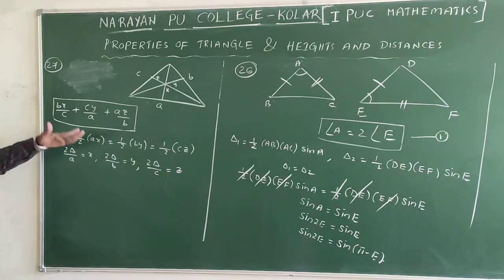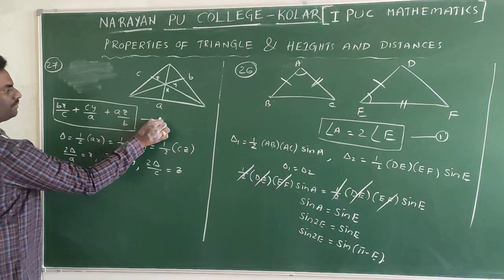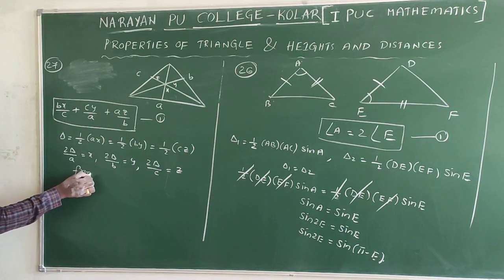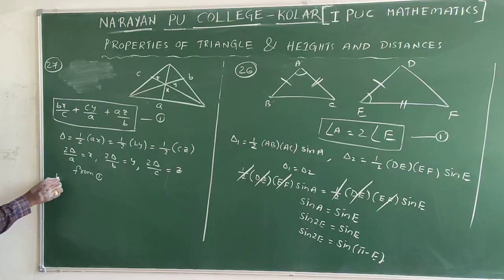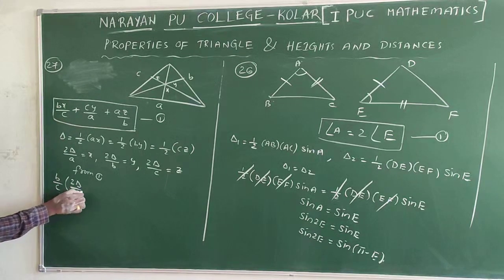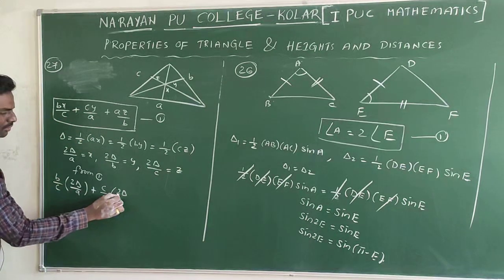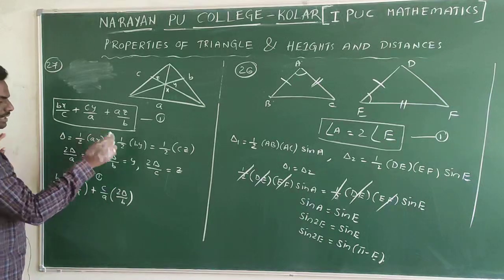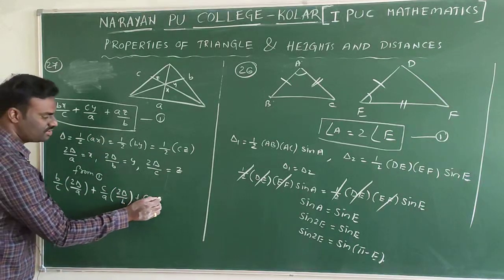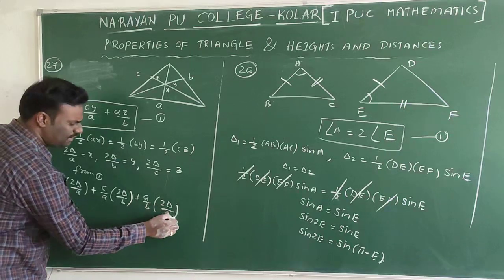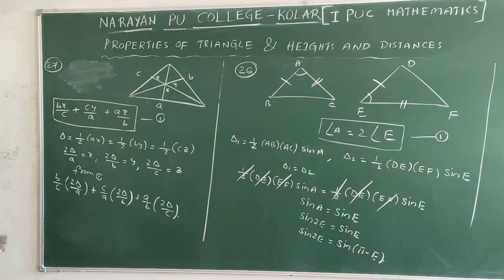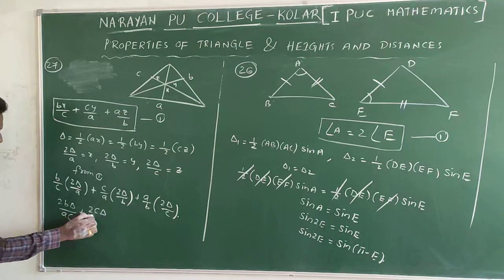Substitute these three values here. From equation 1, I can write b by c separately: x is 2 delta by a. Here c by a, y is 2 delta by b. Here a by b, z is 2 delta by c. Now what you will write? 2b delta by ac, 2c delta by ab, 2a delta by bc.